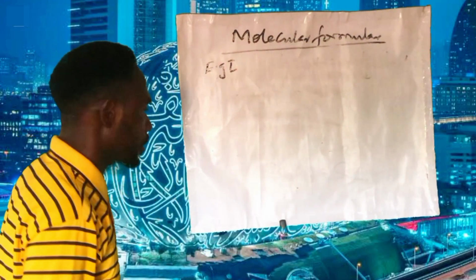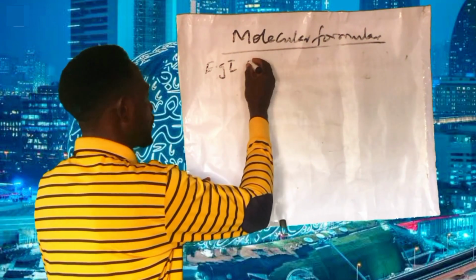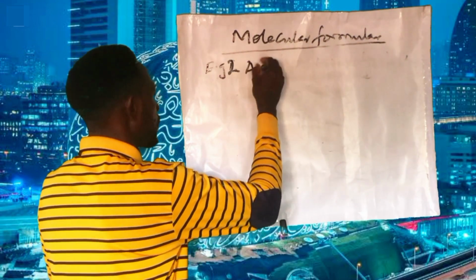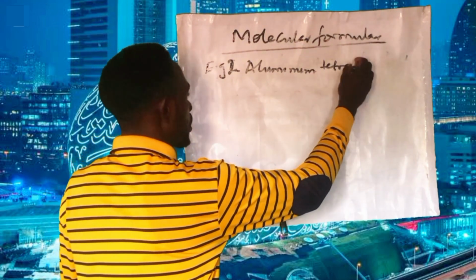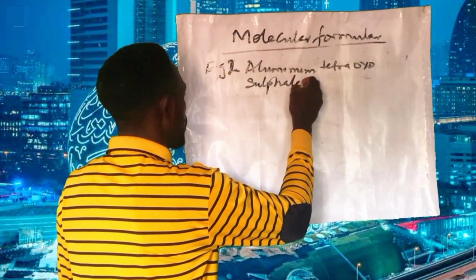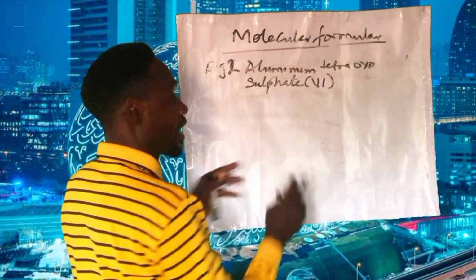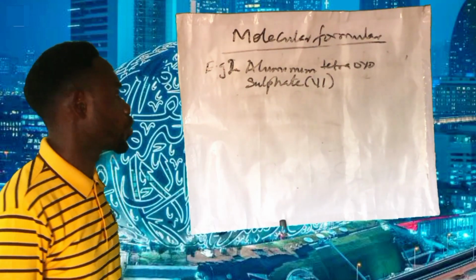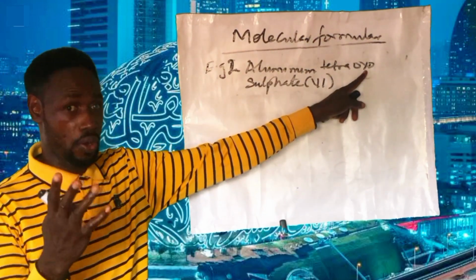Example 2 in writing ternary compounds. Let's take a look at, if we want to write aluminum tetraoxosulfate(VI). Be careful, VI and IV. IV is 4, VI is 6. So just like I told you, we have tetra, which means oxygen will be 4 atoms.